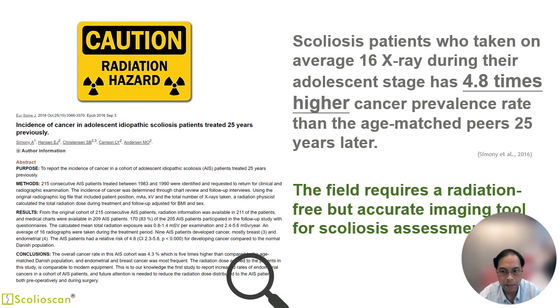In this Denmark study, it was shown that 17 X-ray imaging exams during the adolescent stage can have an impact of 4.8 times higher cancer prevalence after 25 years in comparison with the age-matched group.